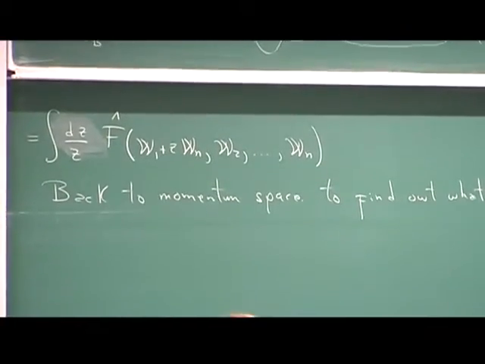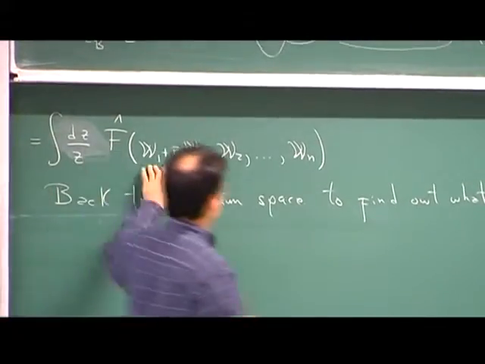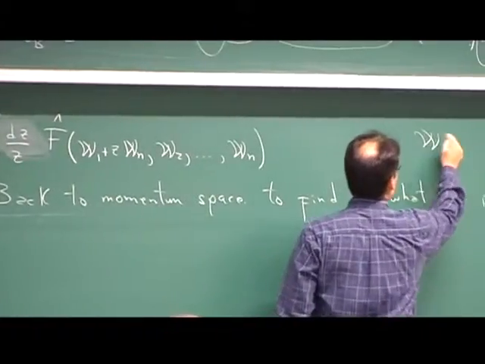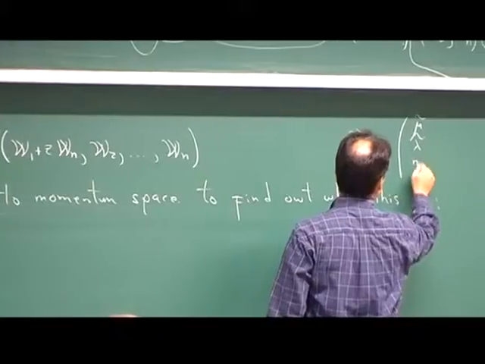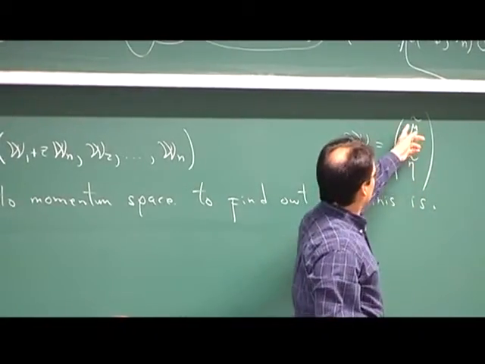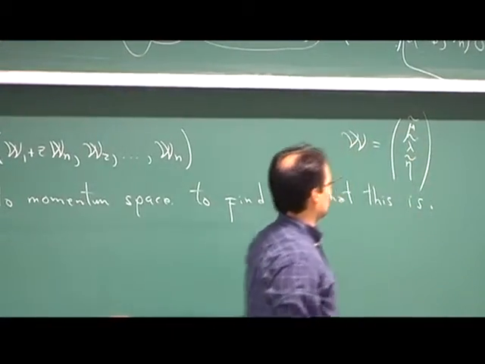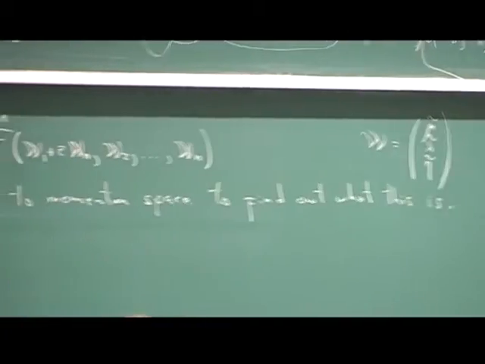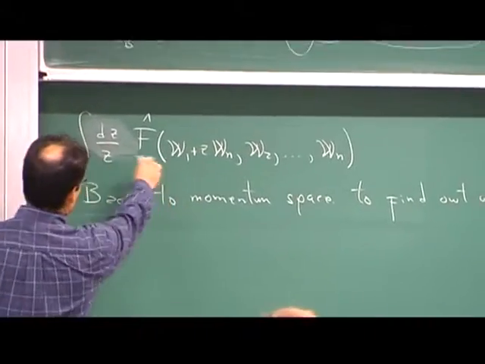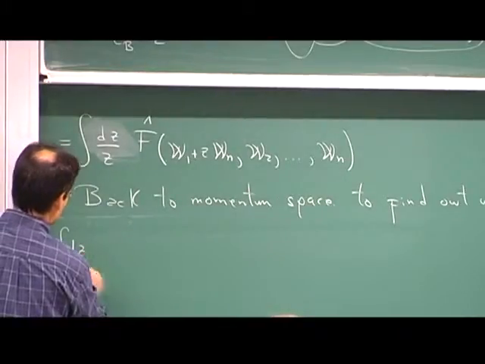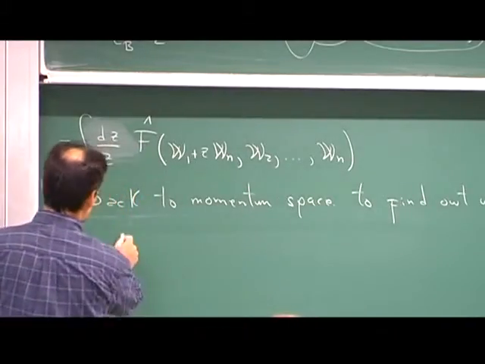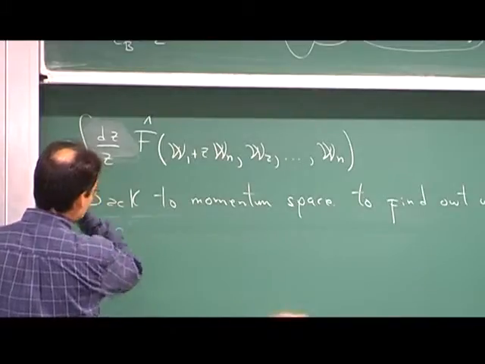So how do we go back to momentum space? Well, we know all these W's are things of the form mu tilde, lambda tilde, eta tilde. So we just have to inverse Fourier transform with respect to the mu tildes to go back to momentum space. So whatever this is in momentum space will be an integral dz over z. And now we have to perform the inverse Fourier transforms.